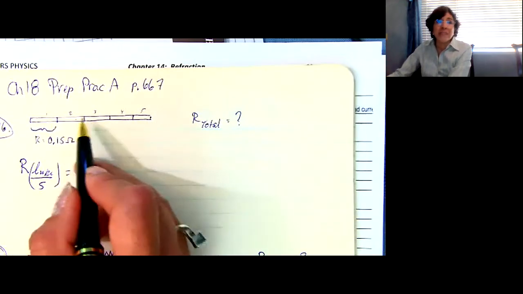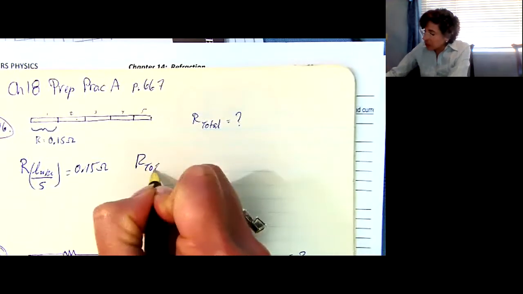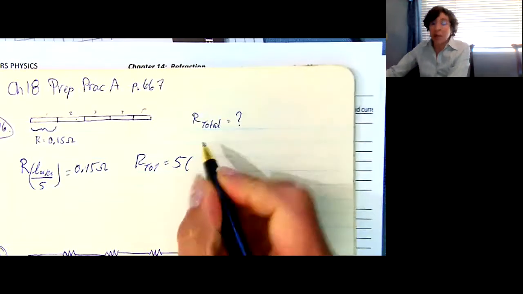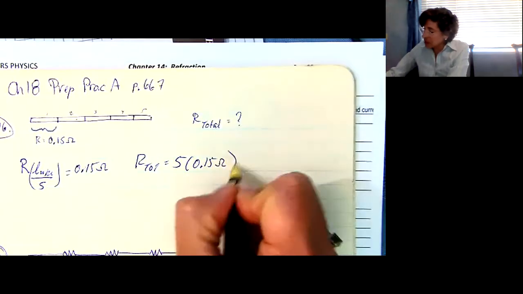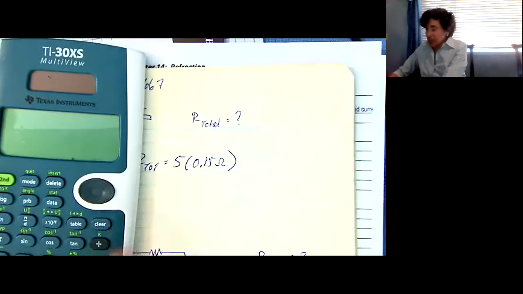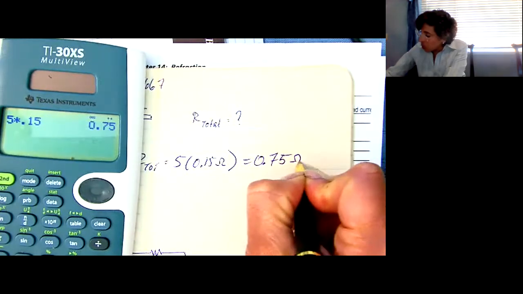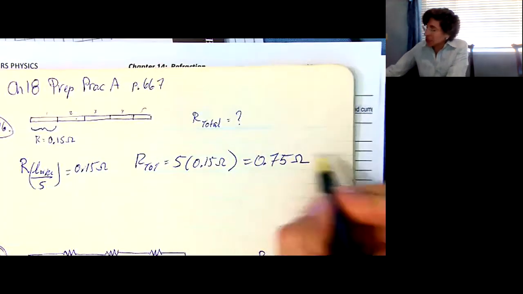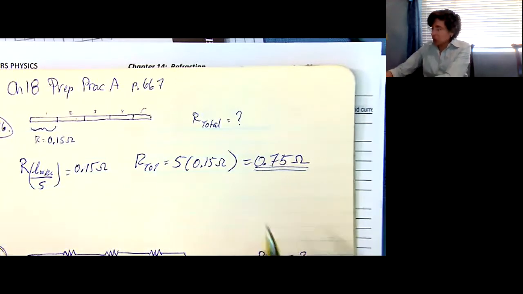So we're just going to add them all up, or just say that the total here is going to be 5 times 0.15 ohms, because this is for each one. So I take 5 times 0.15, and I get 0.75. So I have 0.75 ohms. Remember, ohms is actually omega, and that is the unit for resistance. So that's my total resistance.